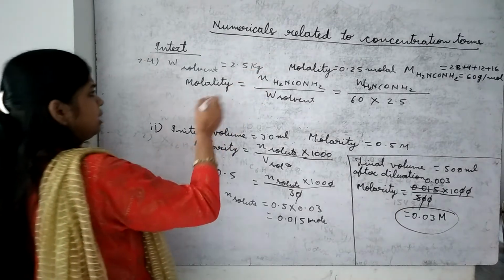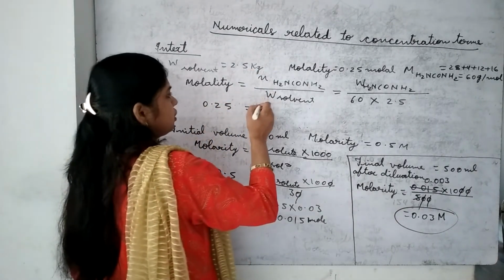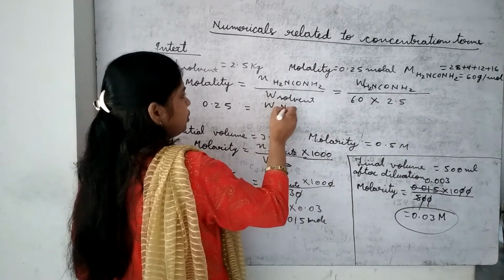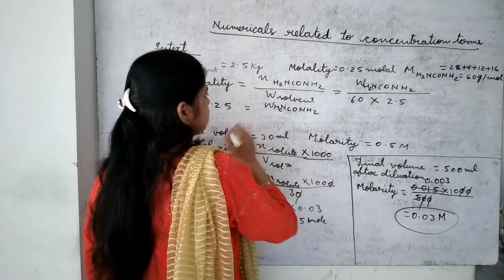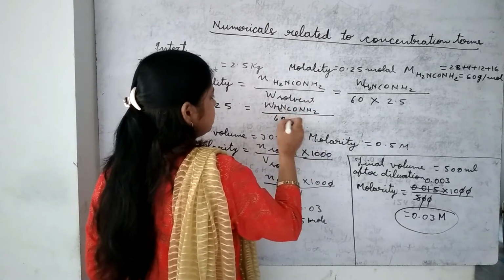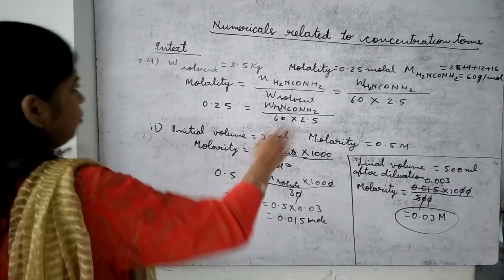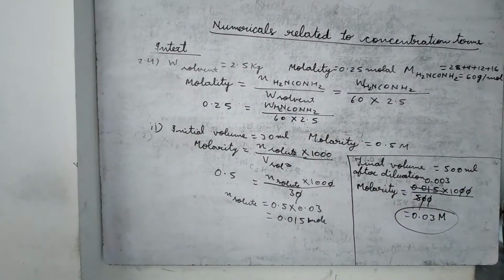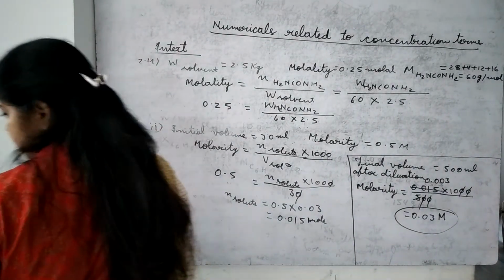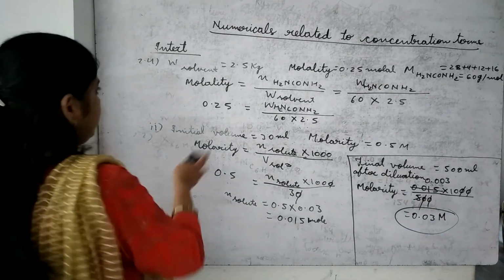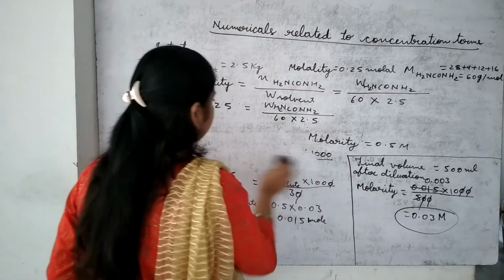Now molality is 0.25, equal to mass over molar mass of urea 60 into 2.5. It's very easy. All the values will be taken to that side. Calculation is also very easy. 25 times 25 is 625, and then it will be multiplied with 60.